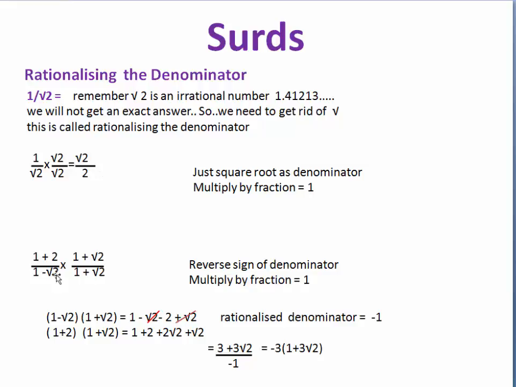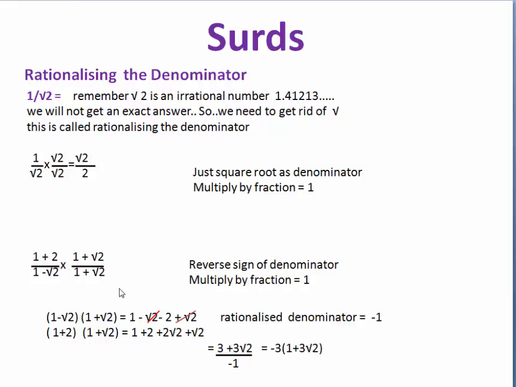Here, if we have 1 minus square root of 2, we reverse the sign under the denominator, have the numerator the same, so that equals 1. And then we're multiplying this by 1, so this remains the same. But when we multiply out, we get 1 minus square root of 2 minus 2 plus square root of 2.